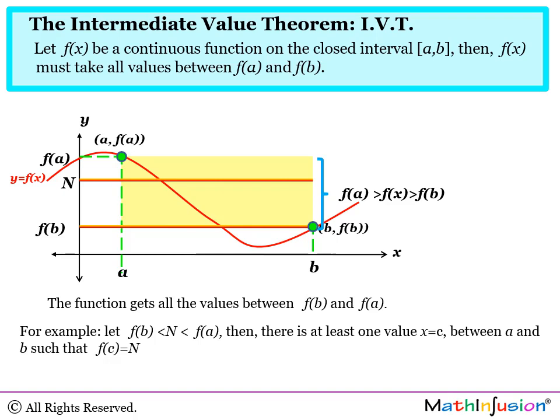Here is the n. It's a y value that is between f(a) and f(b). And as you can see, it crosses the graph at this point. The x-coordinate of this point is c, and c is between a and b.